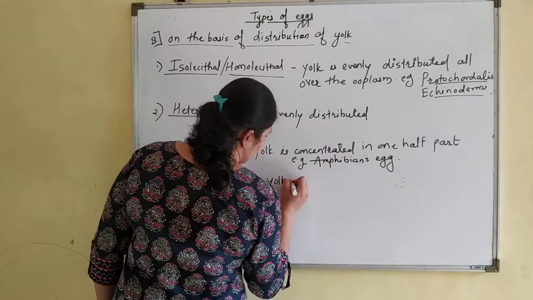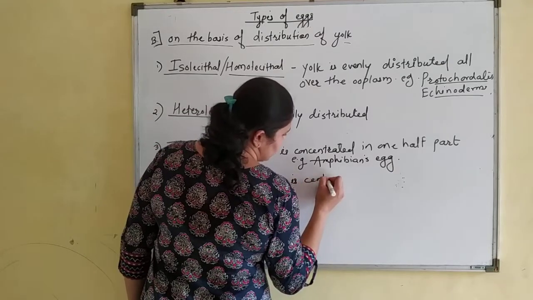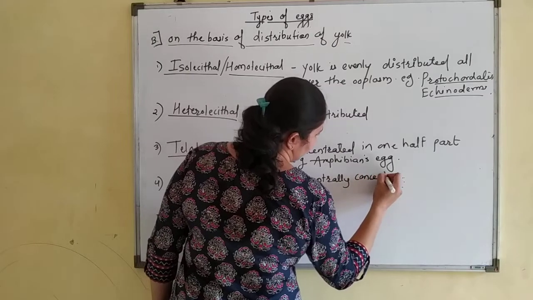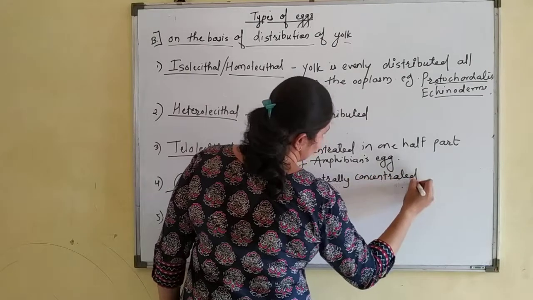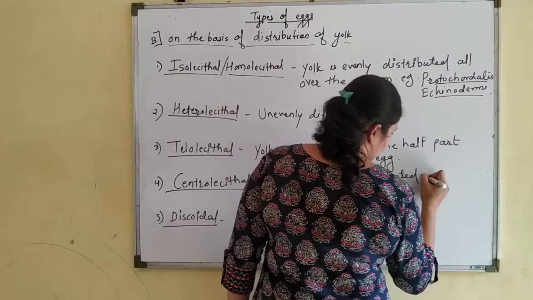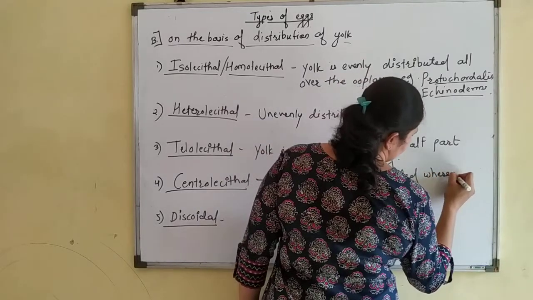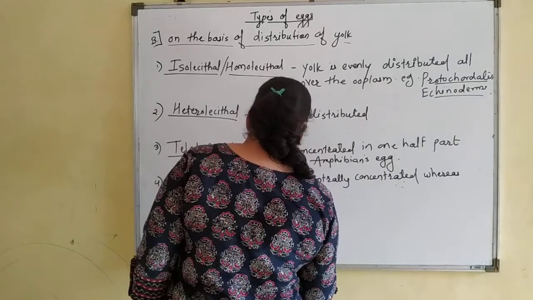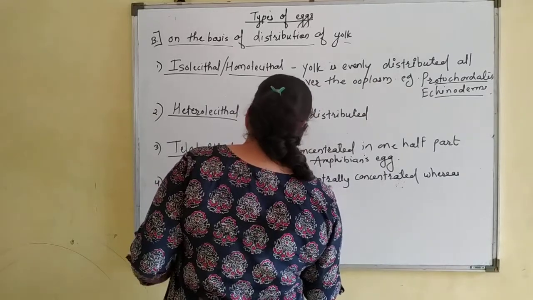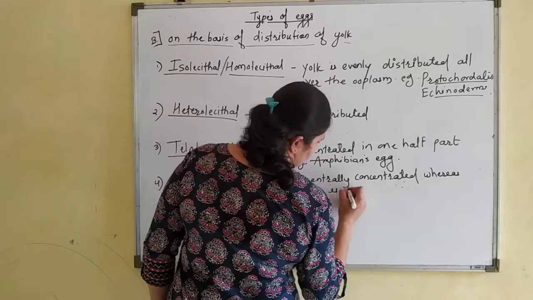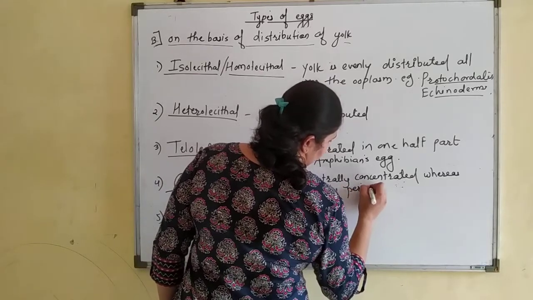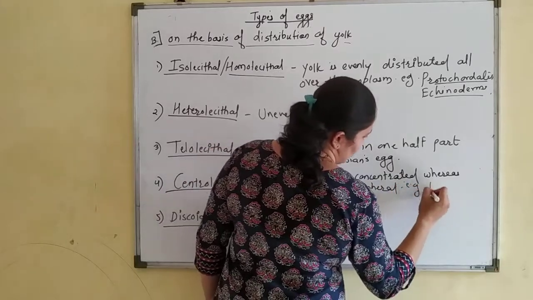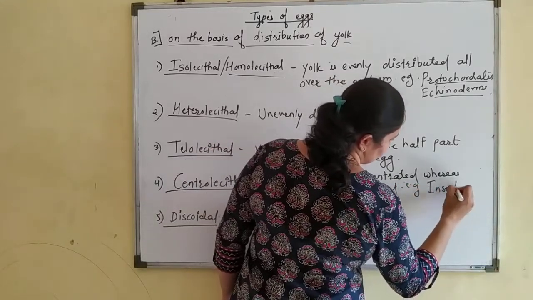Yolk is centrally concentrated, whereas cytoplasm is peripheral. Example, insects.